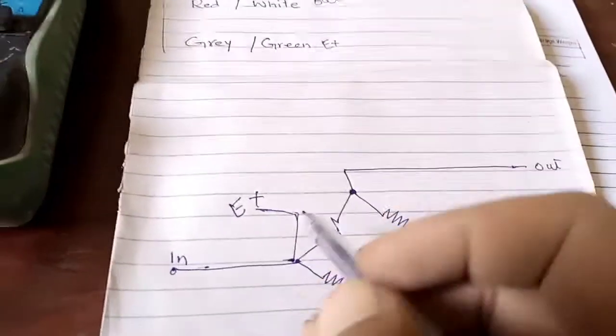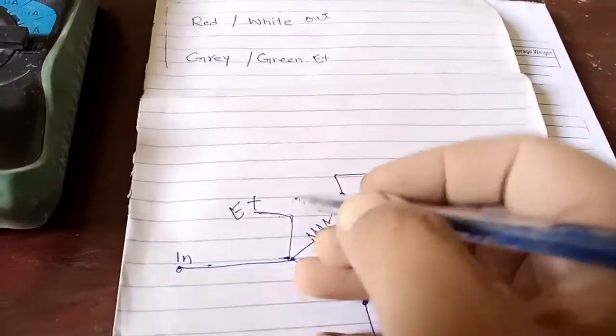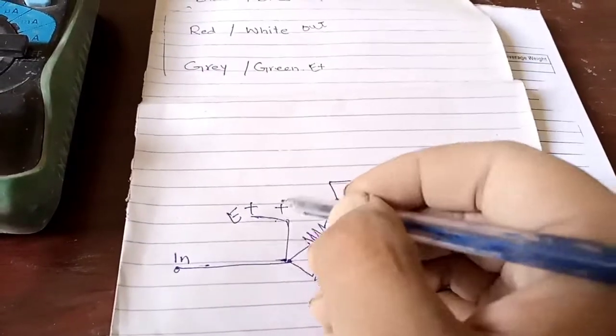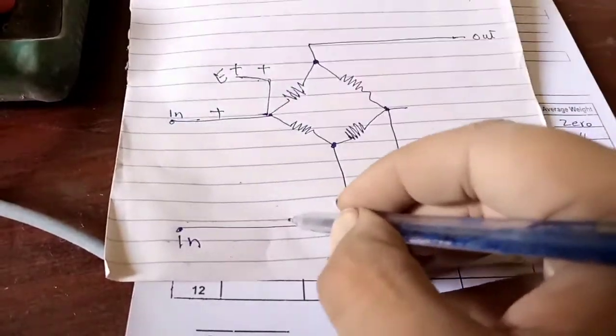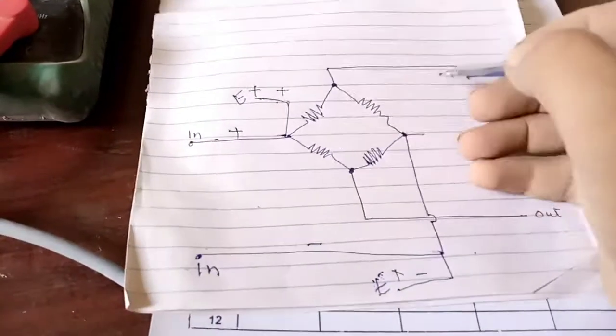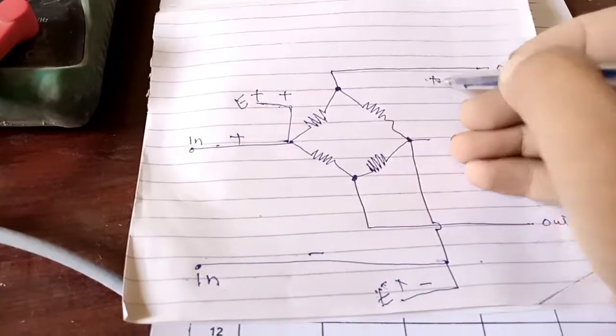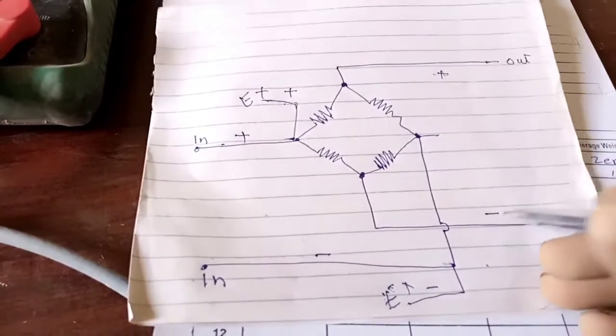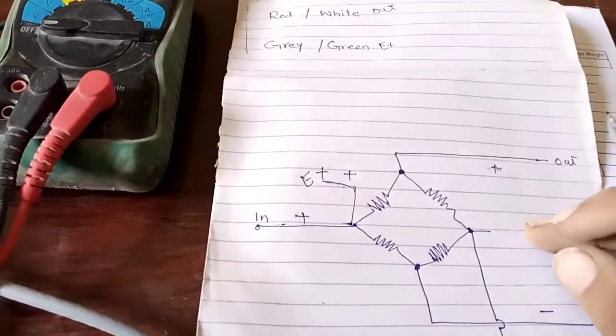This is positive excitation. Also this is positive input, this is negative input and negative excitation. You can measure the millivolt from its output signal, positive or negative.